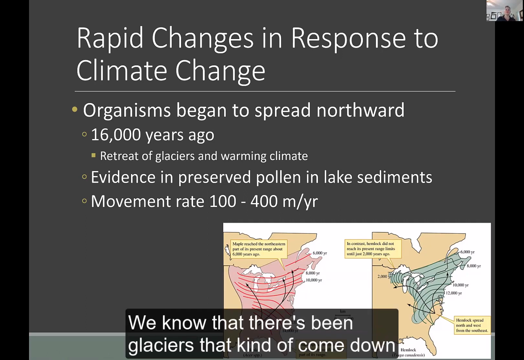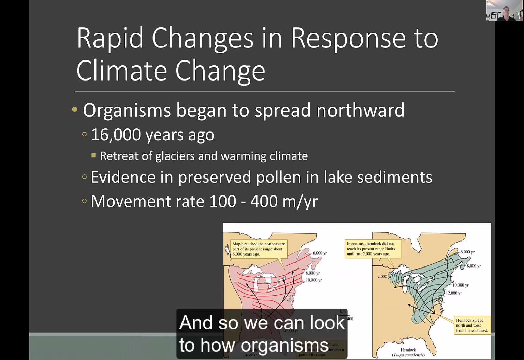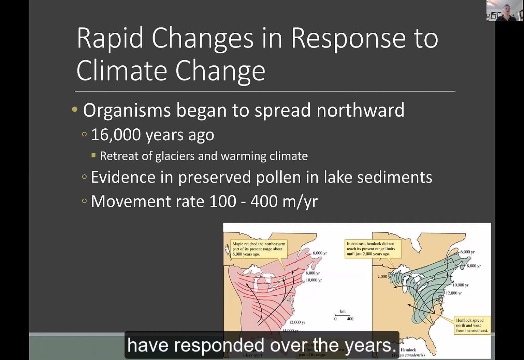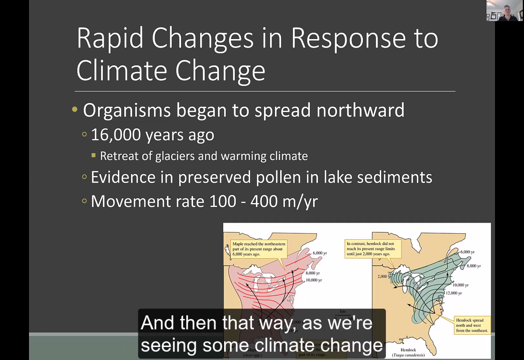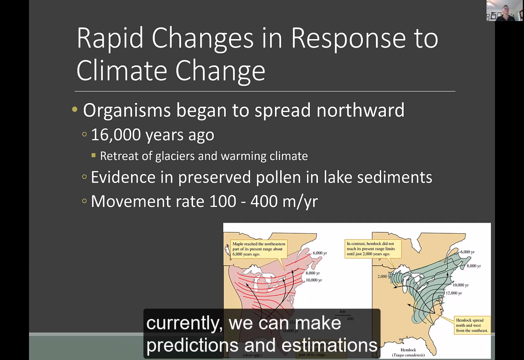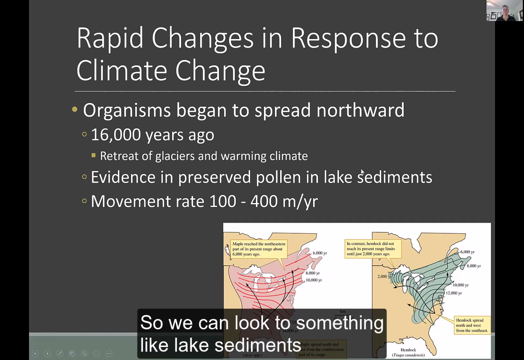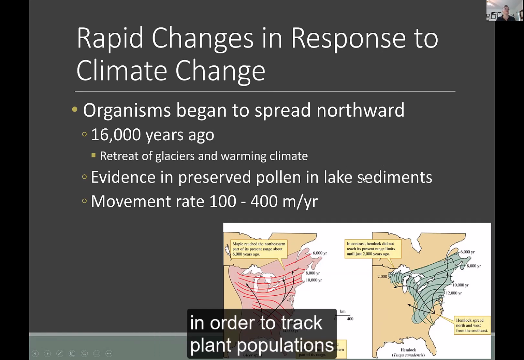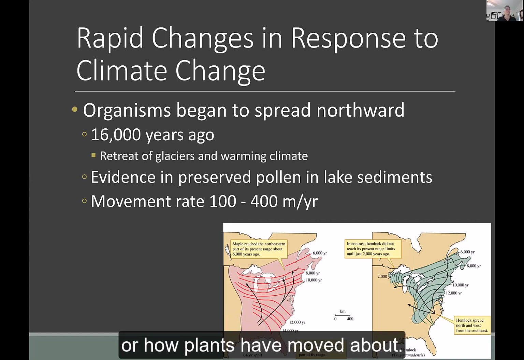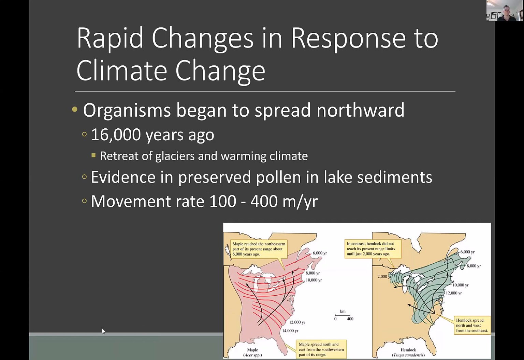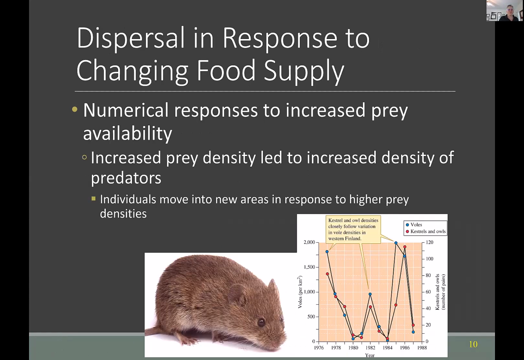We know glaciers have come down and then receded, so we can look at how organisms have responded over the years. That way, as we see some climate change currently, we can make predictions and estimations based on our records. So we can look to something like lake sediments when we're trying to track plant populations or how plants have moved about.